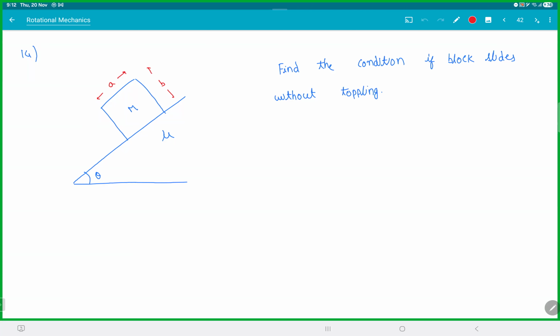A, B, mu, theta, okay. Friction is not given. Chalo, let's see. Step 1, draw the free body diagram. What are the forces?